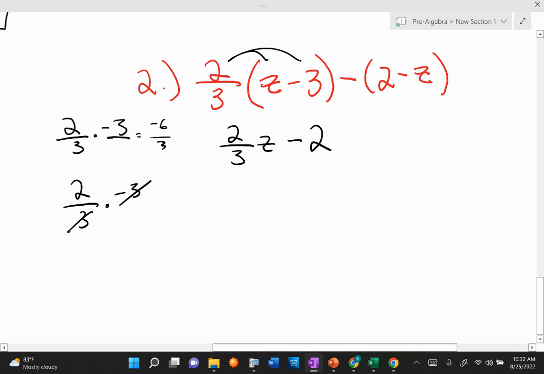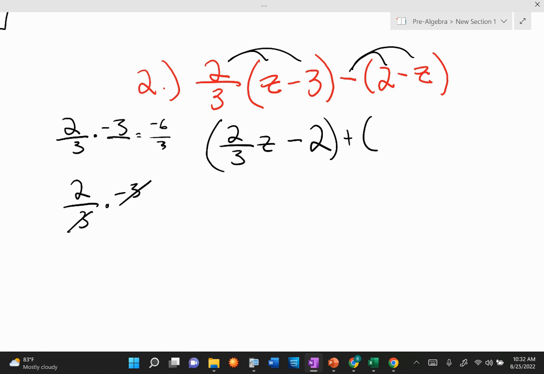And then I'm going to distribute the negative. So now I'll have negative times 2 is negative 2. A negative times a negative z, positive z.